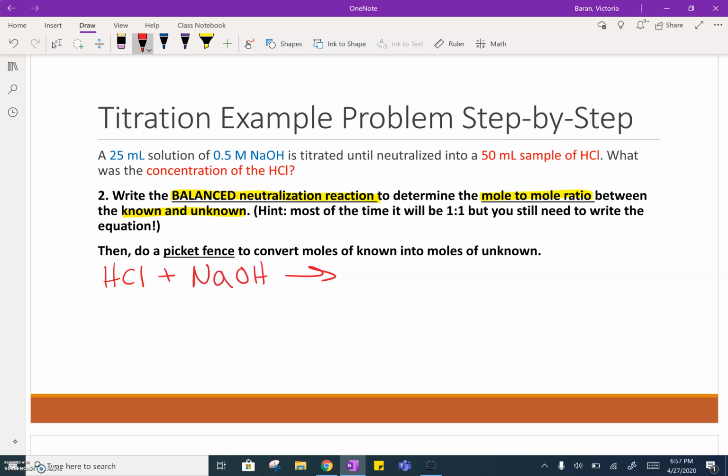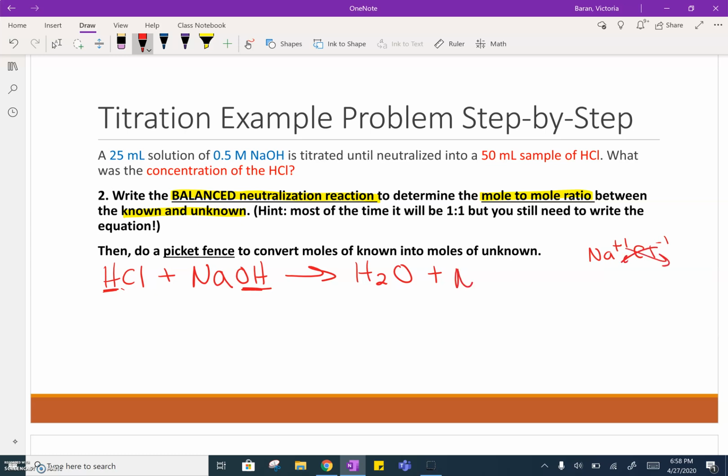Now remember, this is a neutralization reaction, so we know that we have to get water as one of our products. So this is the H and the OH. Remember, they disassociated, they come together. And what is left over is going to be our salt or ionic compound. In this case, Na is +1 and Cl is -1. You can't forget to do your crisscross.